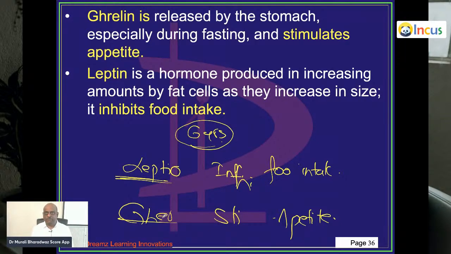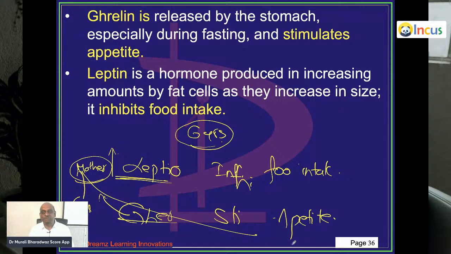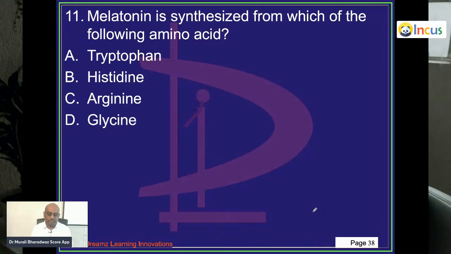One method that comes to my mind: G is for girl. Ghrelin is girl. Mother is a girl. Mother used to feed us, Amma annam pettu. When you are being fed by mother, appetite should increase. Always mother's food will make your appetite increase, no? G for girl, girl is a mother, mother will increase your appetite and feed you. The other is leptin, obviously.